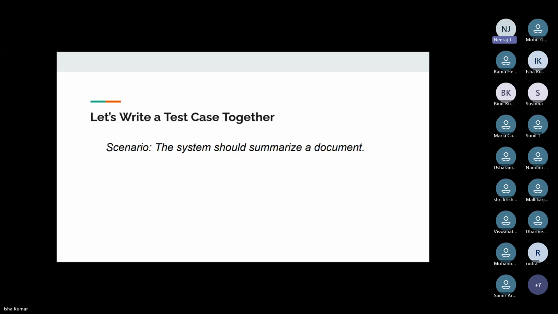So maybe we can assume that first it will provide some sort of output, then we will analyze whether it's correct or incorrect. We'll not have an expected result. Correct.